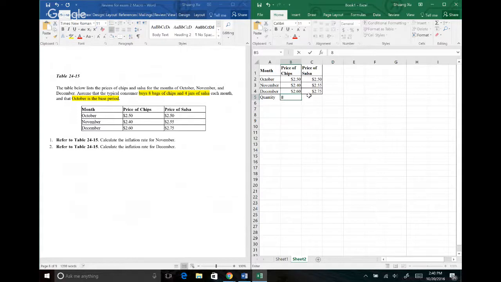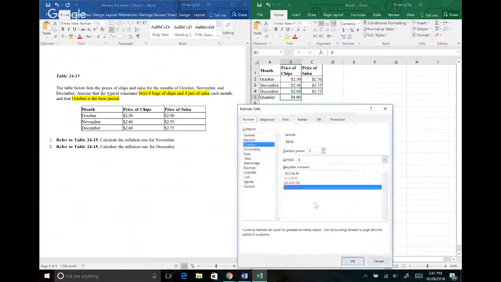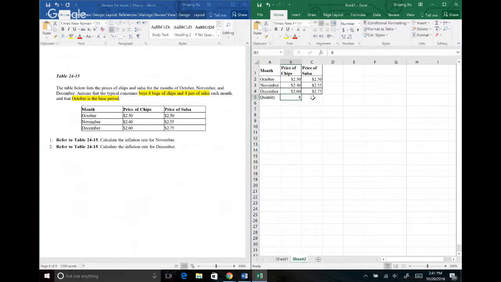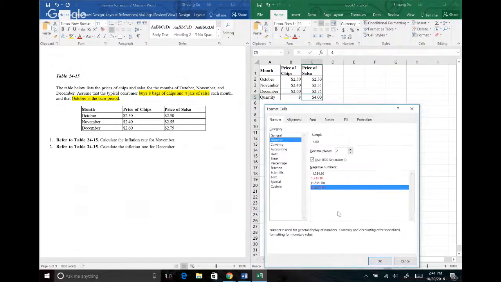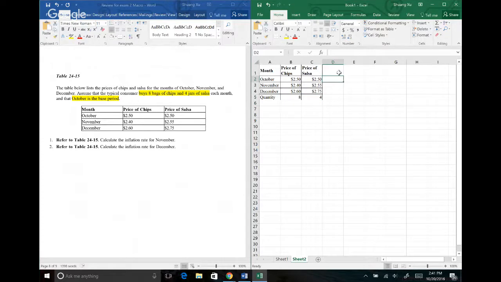The quantity for salsa, this is supposed to be a number, 8. And we need 4 salsa. But give me a number. I don't need money. I need a number. Okay.